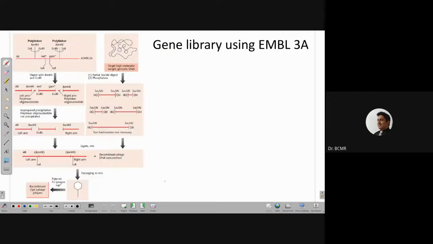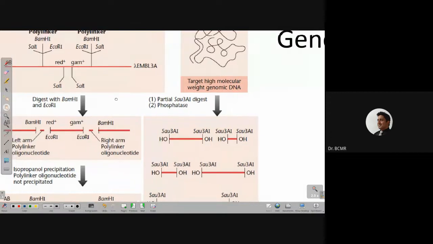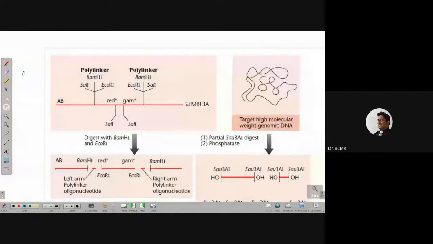EMBL3A is a fantastic subject to study because it is a convergence of multiple phenomena. The first one, it's always important that we see it in this slide as it was described yesterday.